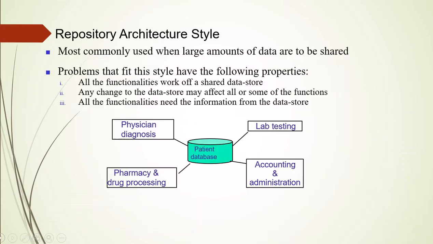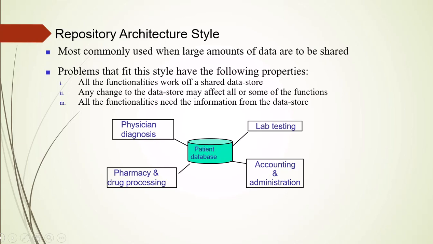Now let's talk in more detail using the patient database system. Most commonly, this architecture is used when a large amount of data is to be shared. But remember that it is not necessary that we must have a large amount of data.